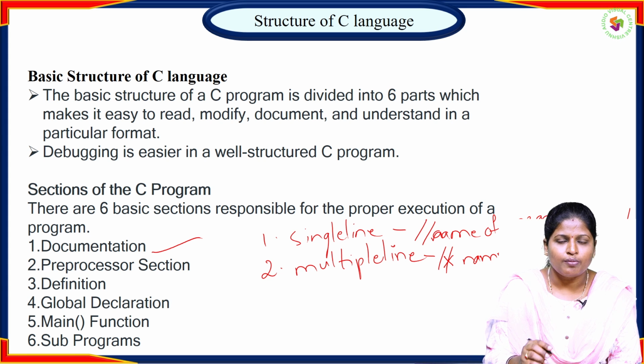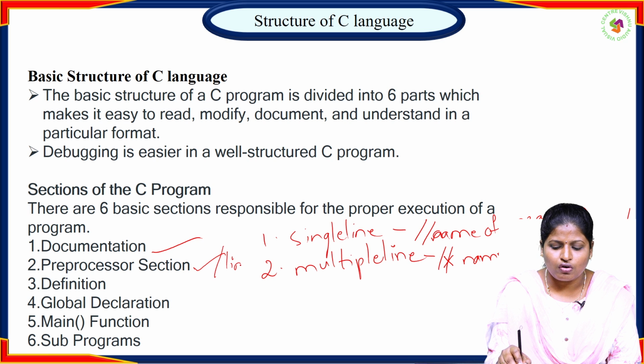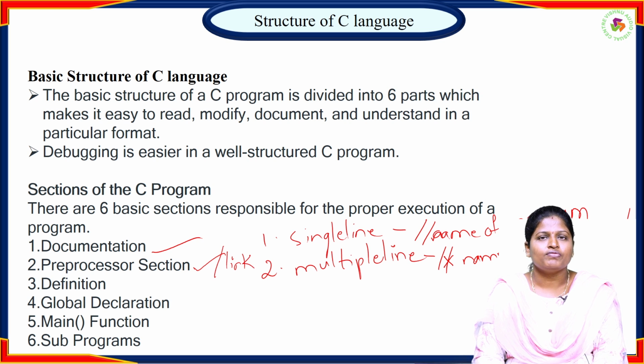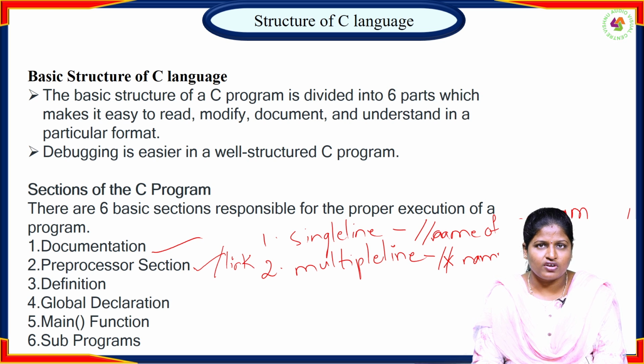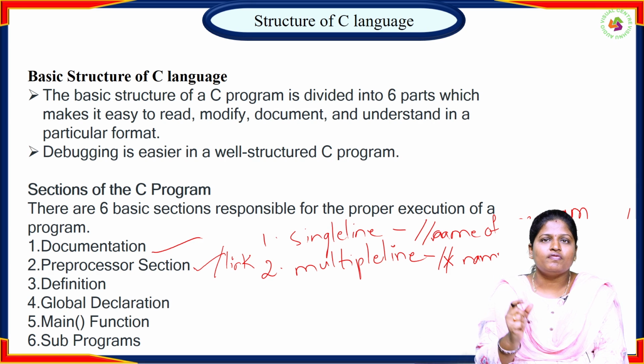Next, coming to the second section, that is the preprocessor section, it is also called the link section. The meaning of link section is that it is used for including the files which are needed for writing a particular program. Here including files means we must include the library files.